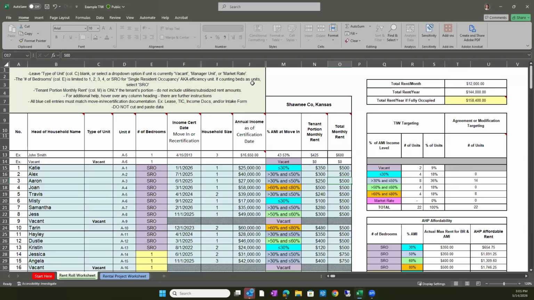Now, if you do recertify on a regular basis and you would like to use the recertification information in these workbooks, you are welcome to do that. You are welcome to use a more recent certification as well, if that works out better for you and you have cleaner documentation from that front. We are okay with that as well. So really, we don't have any recertification requirements. It is certify them once for AHP, and then just make sure you hold on to that documentation for as long as that resident is living with you.